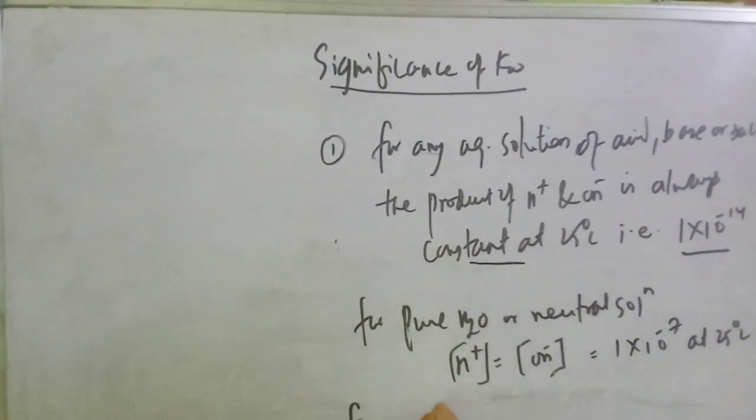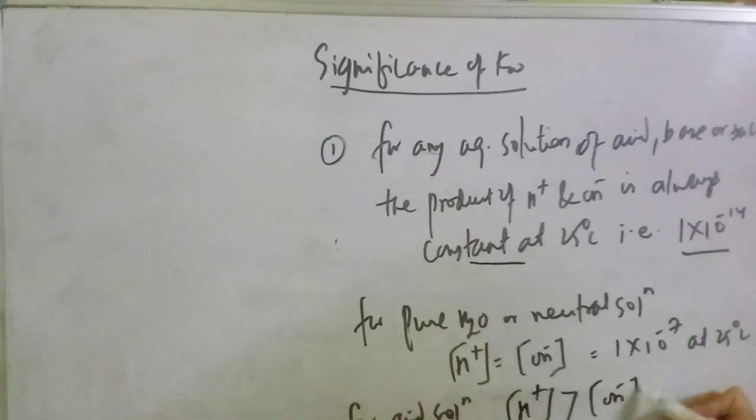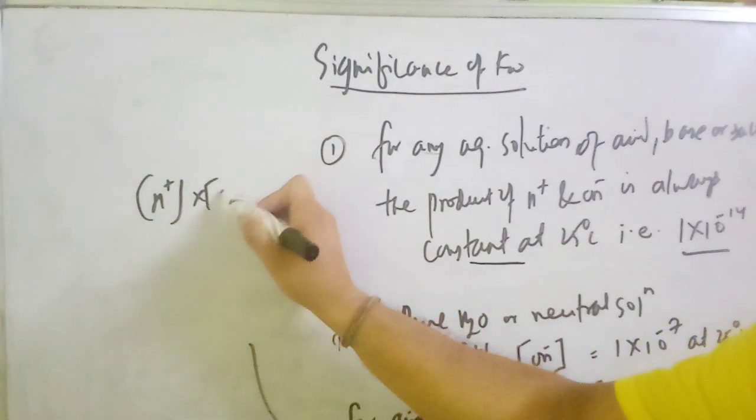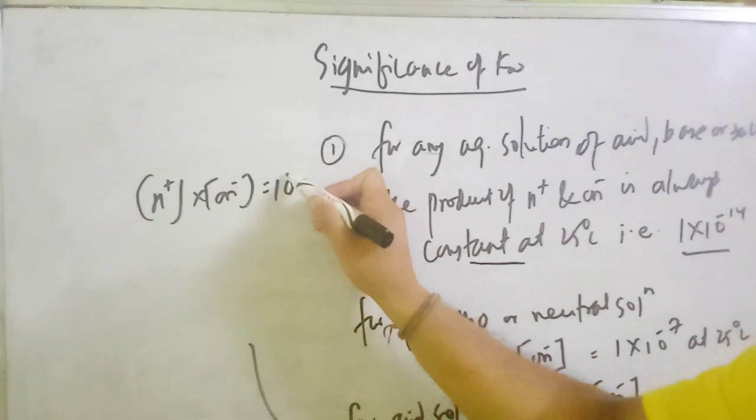And for an acid solution, the H plus ion concentration is greater than the hydroxide ion concentration. So H plus is always greater than 10 to the power minus 7. As H plus increases, hydroxide decreases, such that H plus multiplied by hydroxide must always be constant at 10 to the power minus 14.